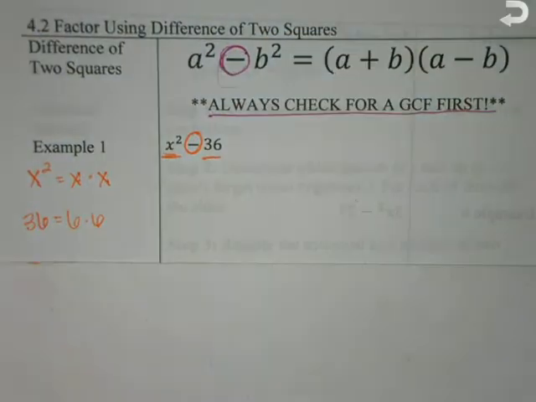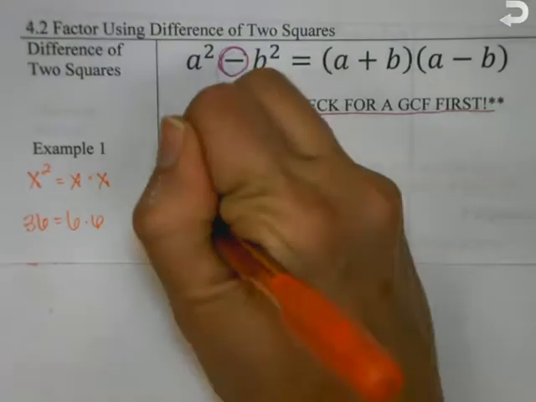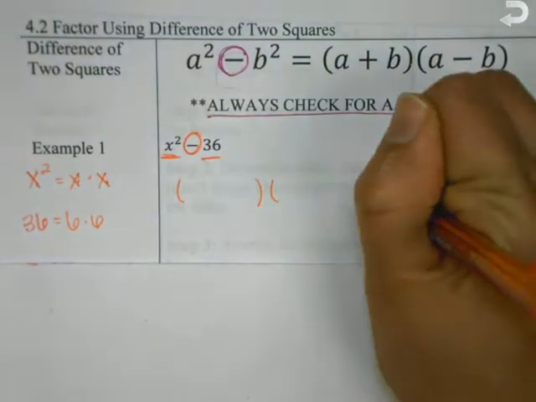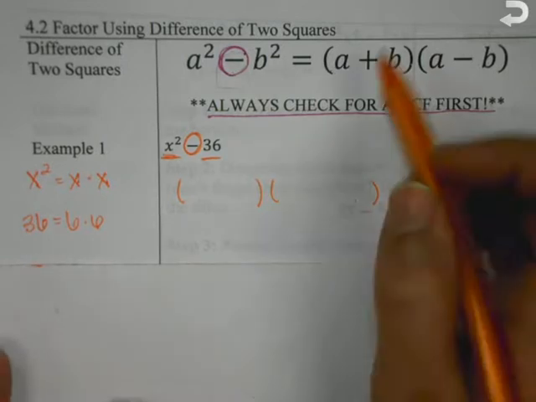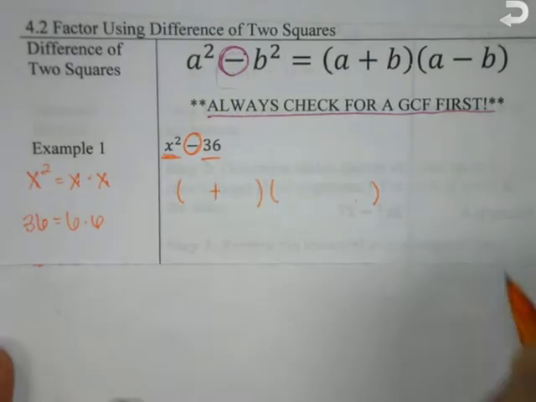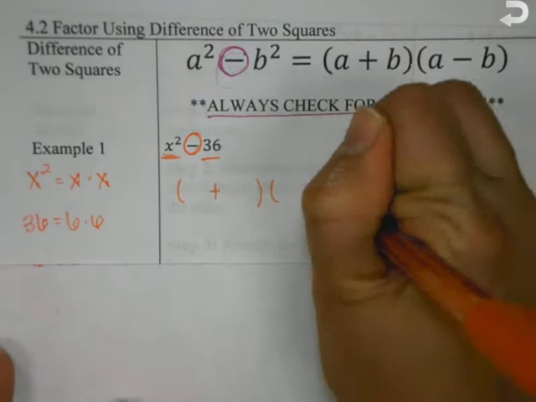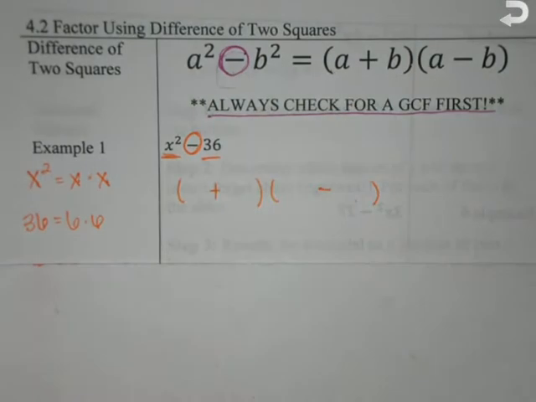So all we have to do, and showing your work, is literally just applying the rule. We set up two sets of parentheses right now. Make them blank. The symbol in one is addition, and the symbol in the other is subtraction. And then to fill in the blanks, we just follow this step.